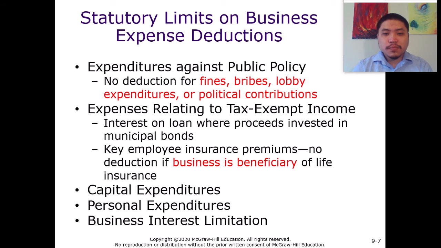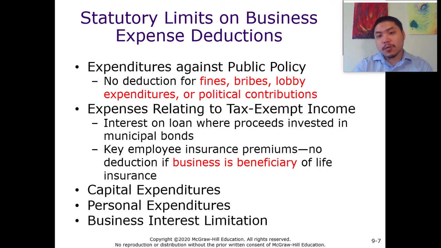Some examples of expenses related to tax-exempt income are interest on a loan to buy municipal bonds, or key employee insurance premiums, if the beneficiary is the business itself.